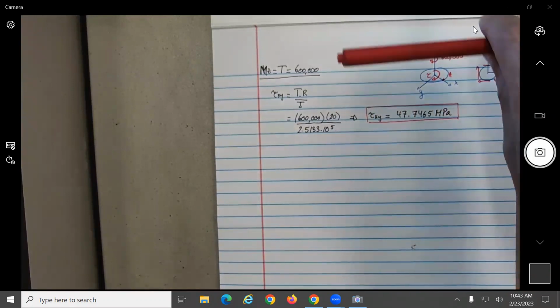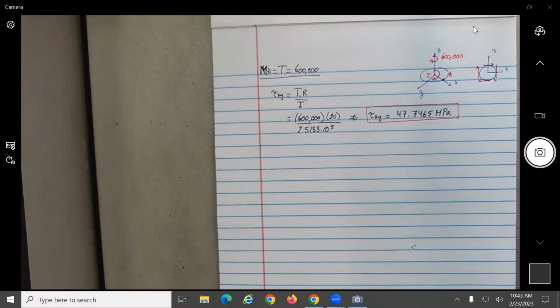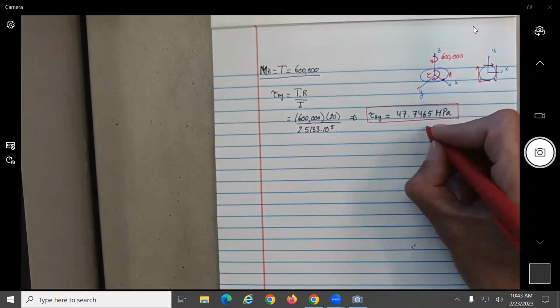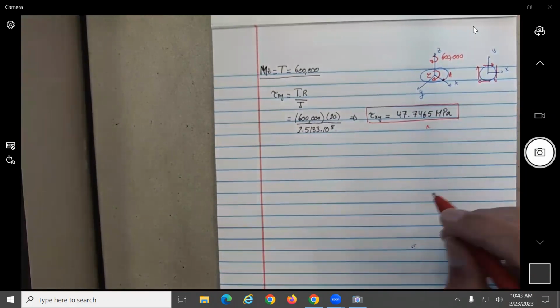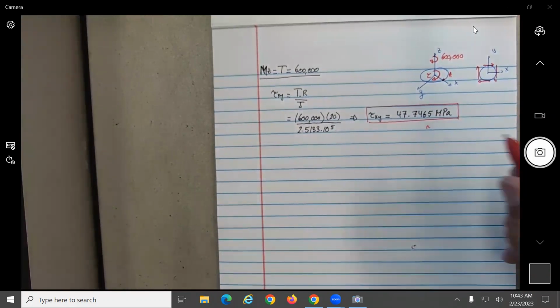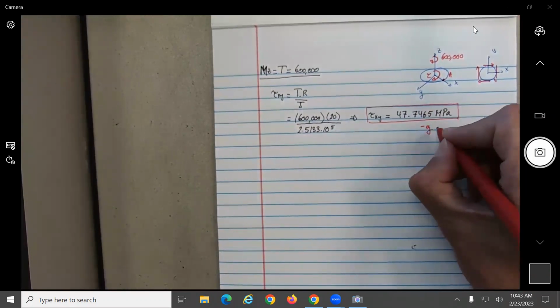So you get this one, and this one will be going in what direction? Down, the negative one. How did I write it before? Negative y direction.